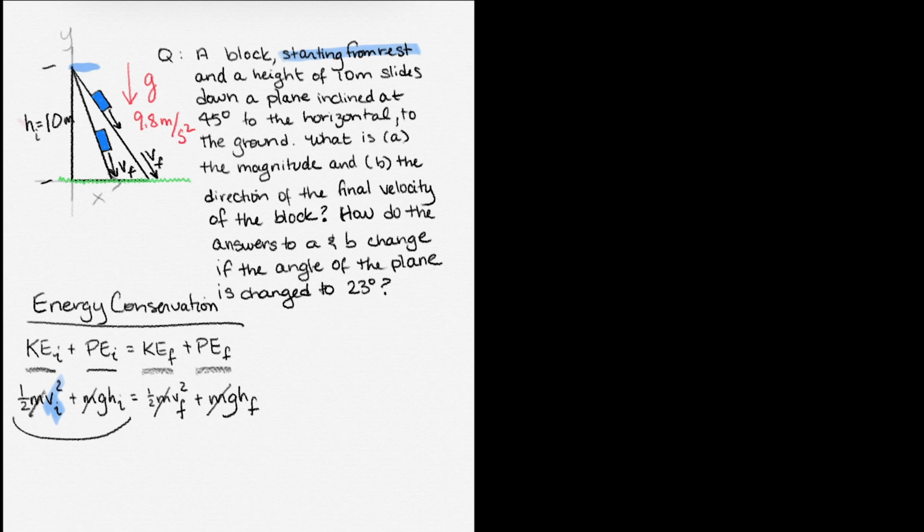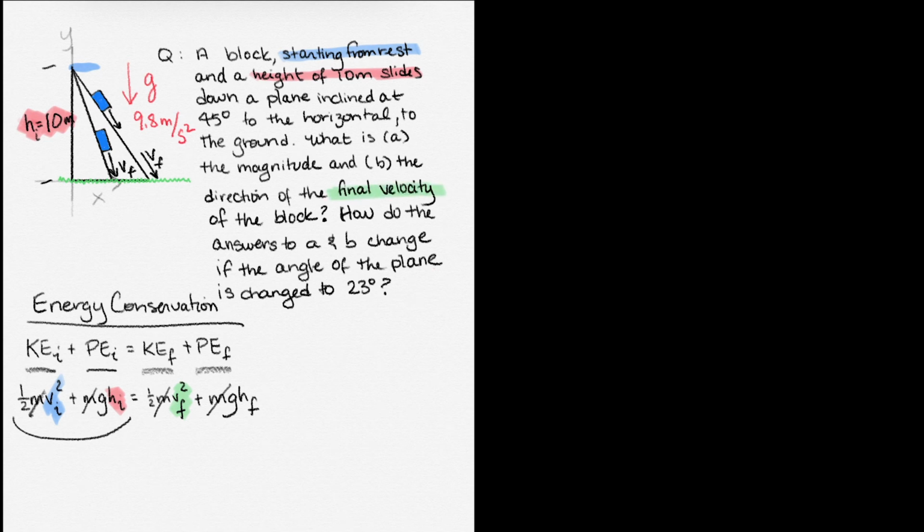The next piece we need is the initial height, h sub I. And we can get that either from the diagram or from the text, which says that it's from a height of 10 meters. The next piece we need is the final velocity. But you'll notice that we are asked to find the final velocity.